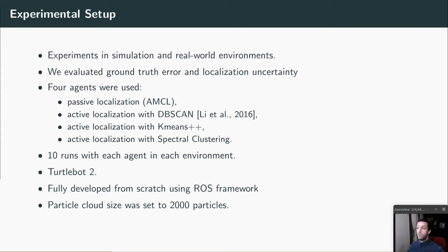Both of the last two are our proposal. We did 10 runs with each agent in each environment, both in simulation and in the real environment. We used a Turtlebot 2, everything was fully developed in ROS, and the particle cloud size was 2000.